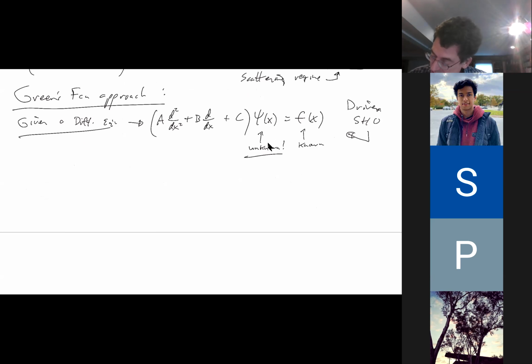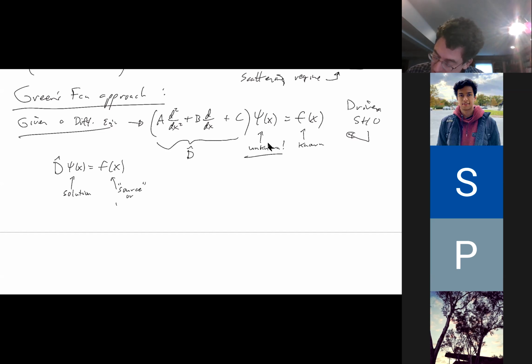The Green's function approach is to call this part an operator, the differential operator D. And so we can rewrite this equation as D acting on my solution is equal to f of x. Now you can think of this as my solution, because that is what we want. But then you can think of f of x as the source term.